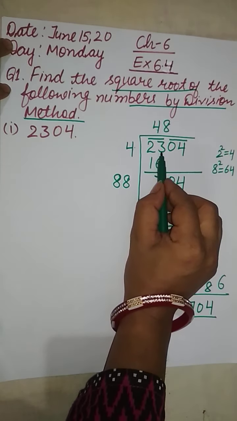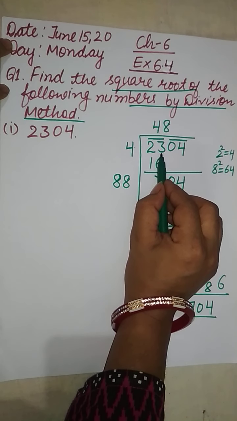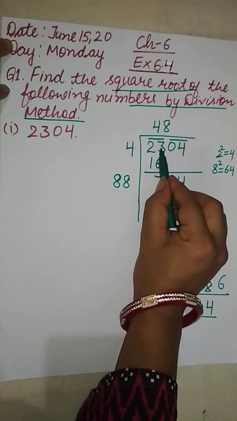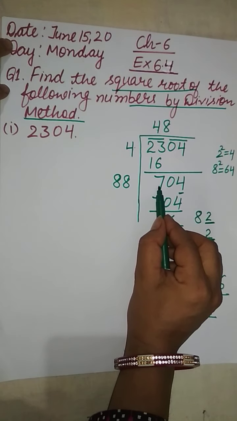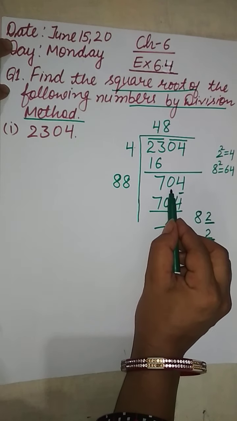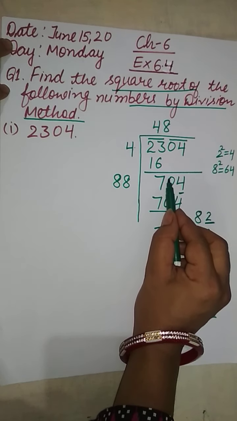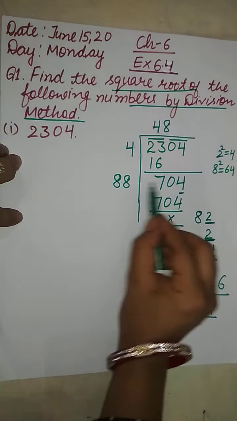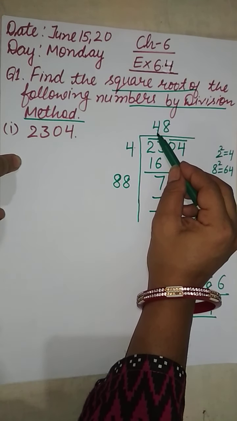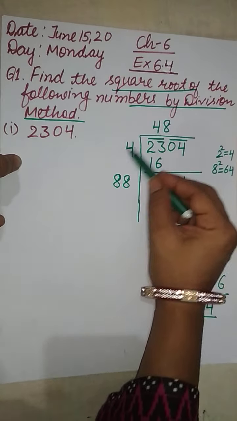As this is 23, and 23 is not a perfect square, I have taken here 4 fours are 16. 23 minus 16 is 7, and we always have to carry this in pairs, so I carry 04 forward. Here I will either double 4 or add these two 4s.